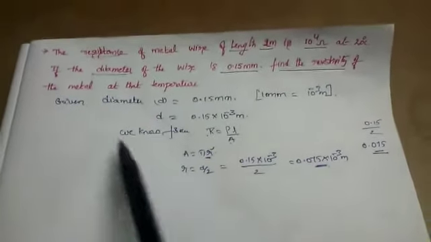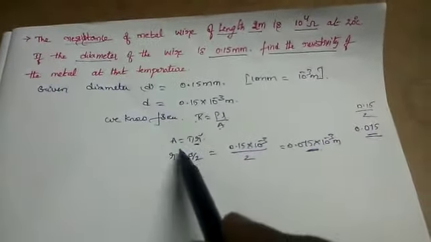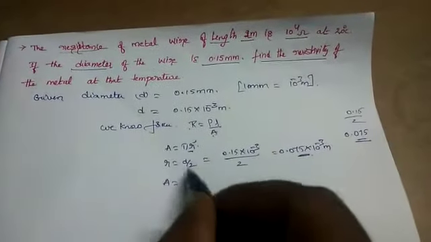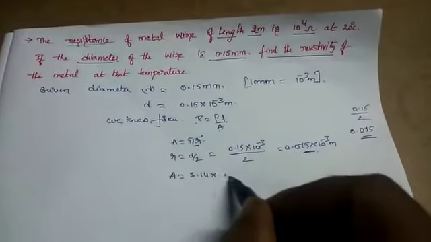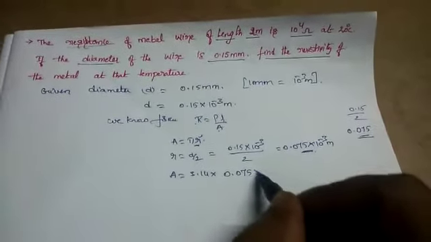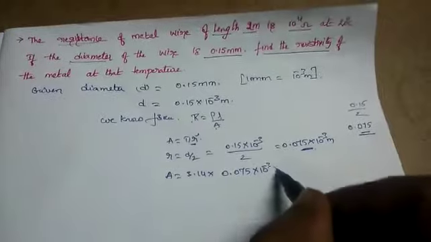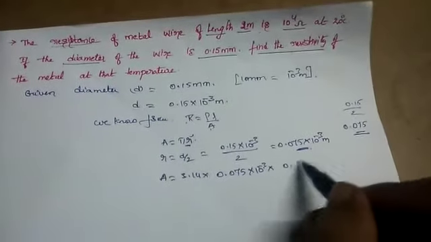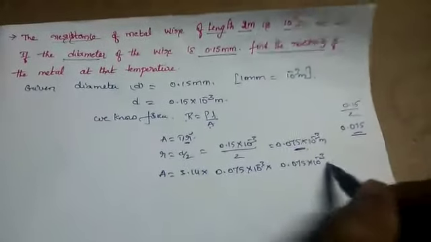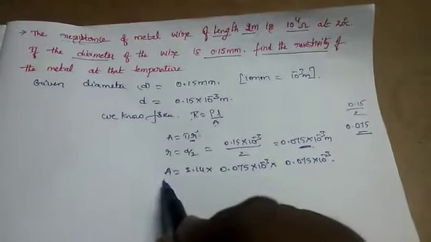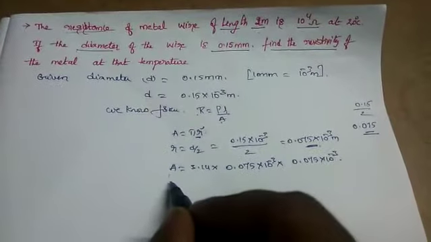Now A is equal to pi R square, which means 3.14 into 0.075 into 10 to the power of minus 3 into 0.075 into 10 to the power of minus 3. So this is A.